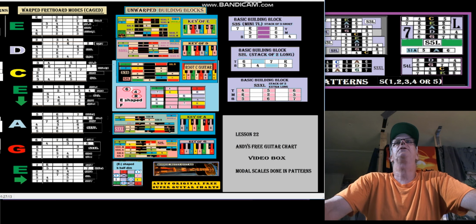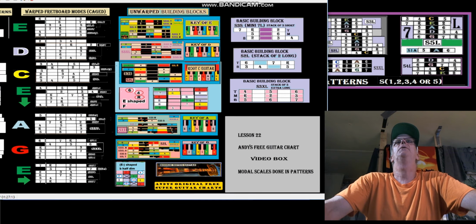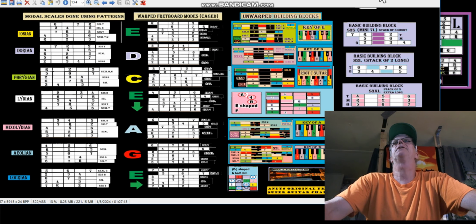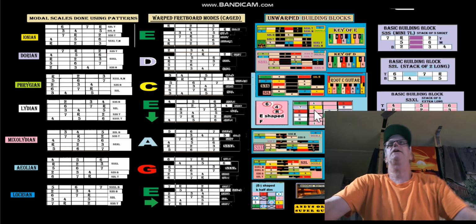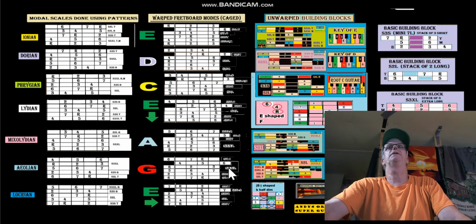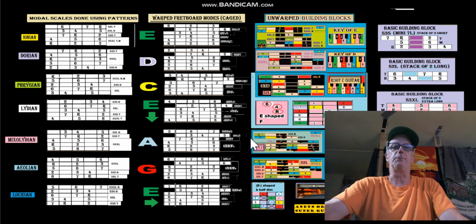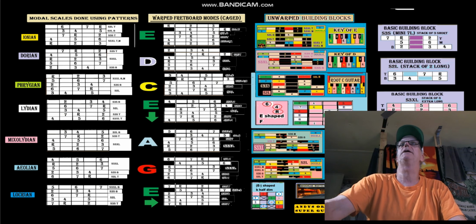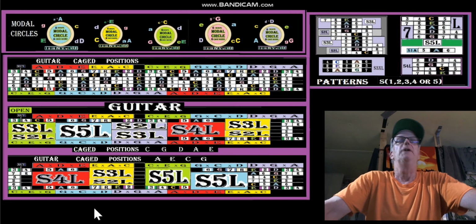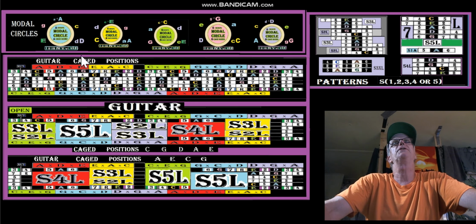So I'm usually surprised when I see things like this, but as you can see, this has a lot of information in one chart. So that's why I call them super guitar charts sometimes, but I don't do that anymore, because if I ever had a super guitar chart, this is it.